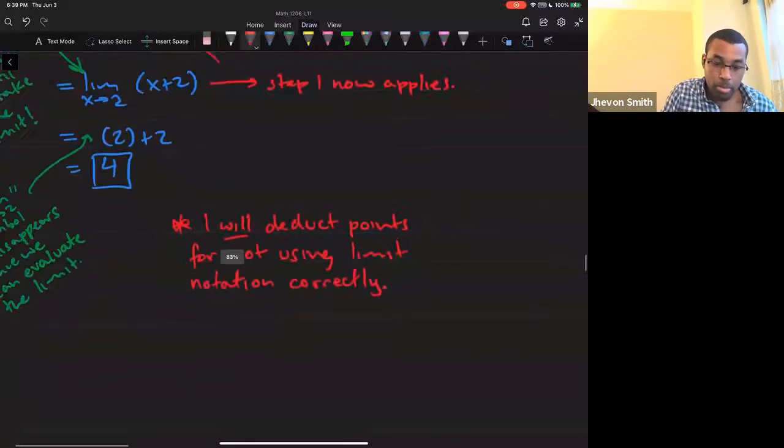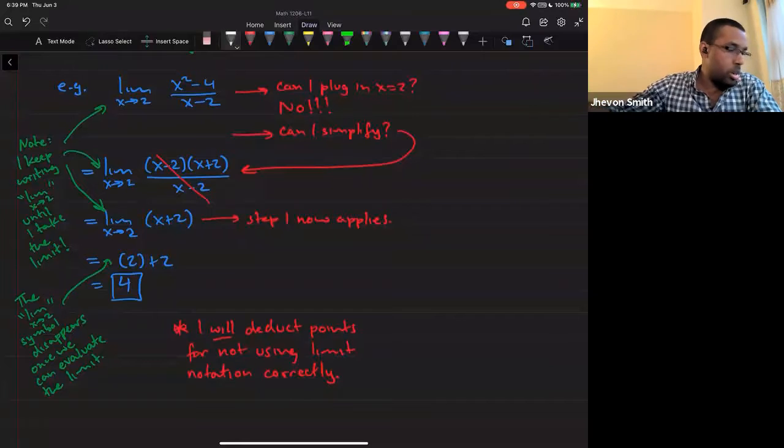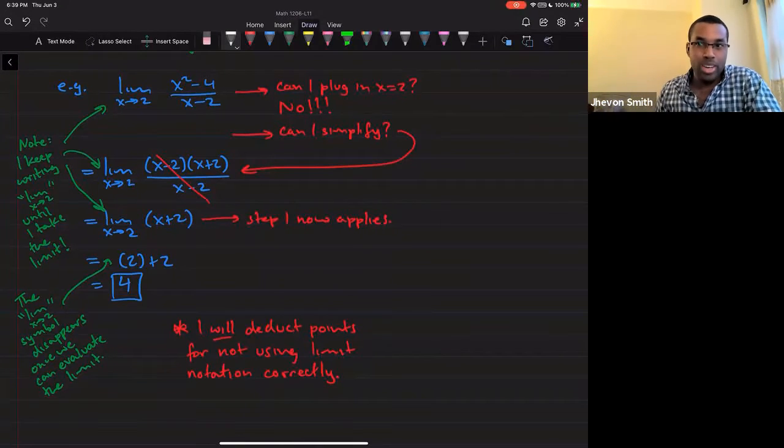I know it seems mean, but paying attention to notation is actually super important, as I said. You'll be surprised how much misery and mistakes students could avoid if they simply paid attention to how they were writing things down. So yeah, you keep writing the limit symbol until you can actually evaluate the limit.